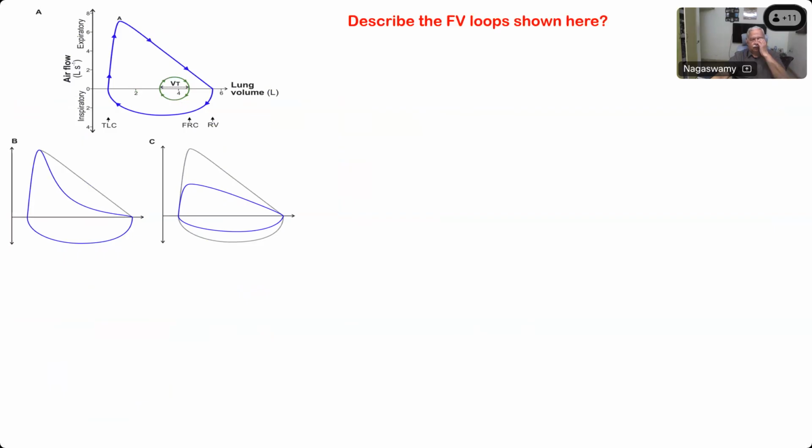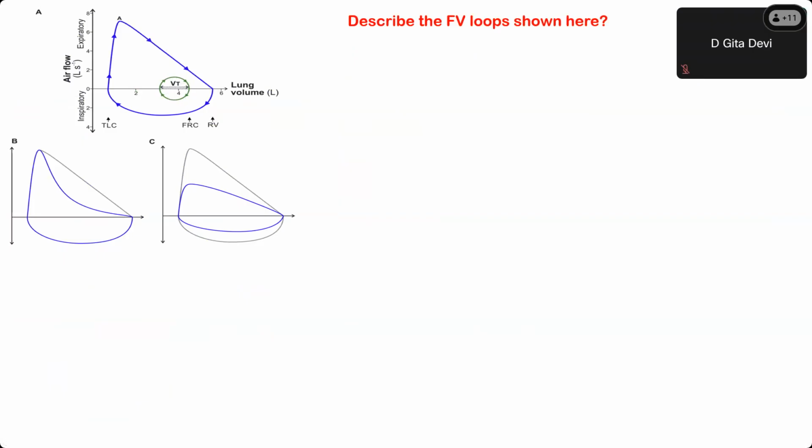Now these are the flow volumes I am showing here. What is this green thing? And what is this blue line? You can see the wording also here, VT. What does VT mean?